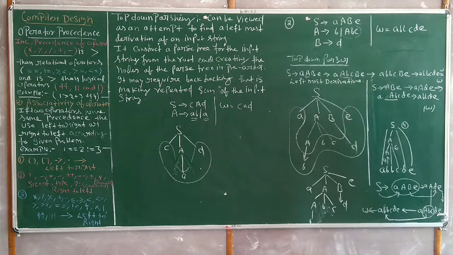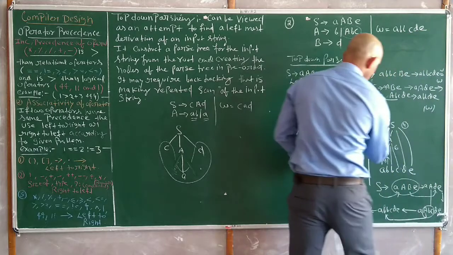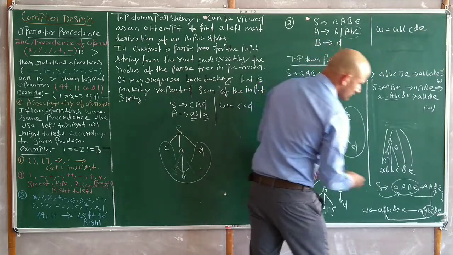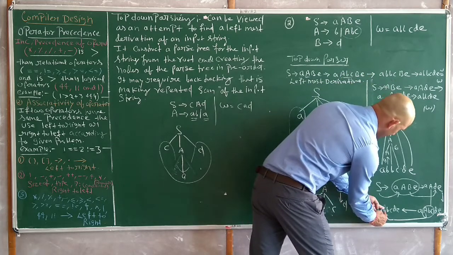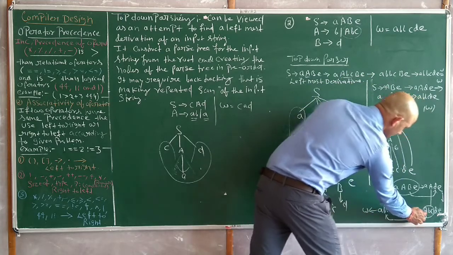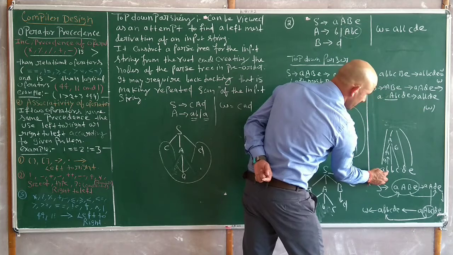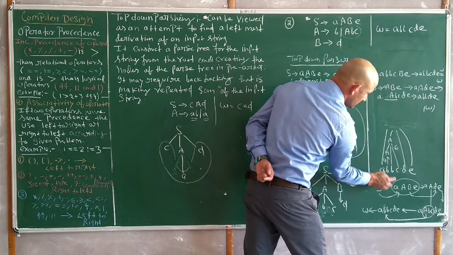Then at last you have got your A, B and E. I have done something wrong here. Okay. So at first, with the help of A you produce B. With the help of this you have produced.